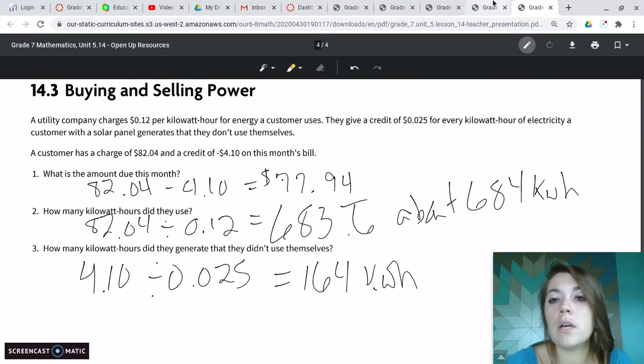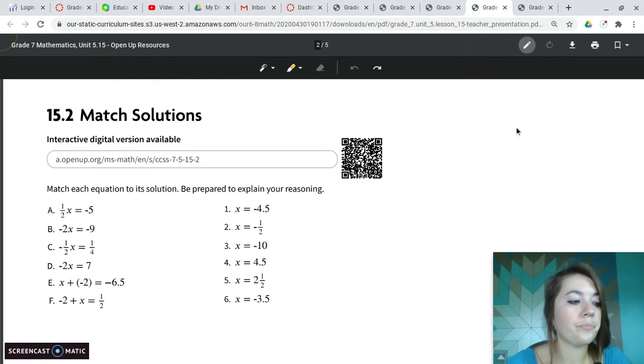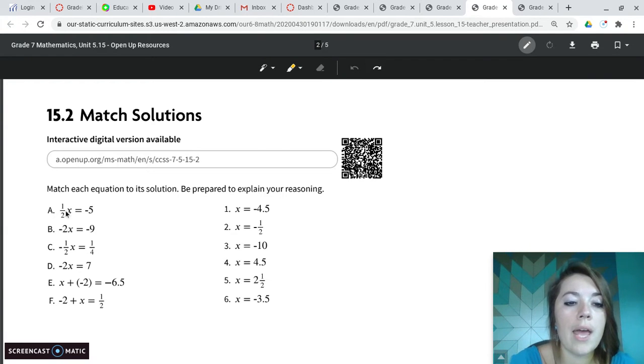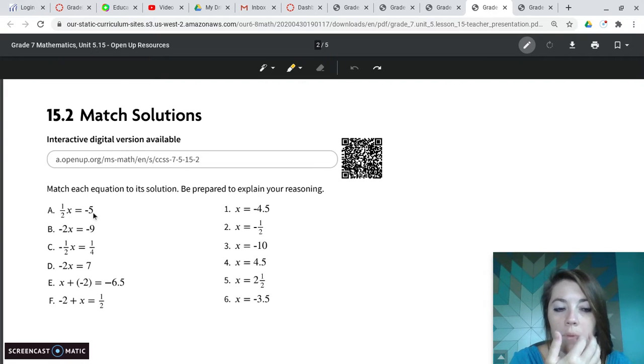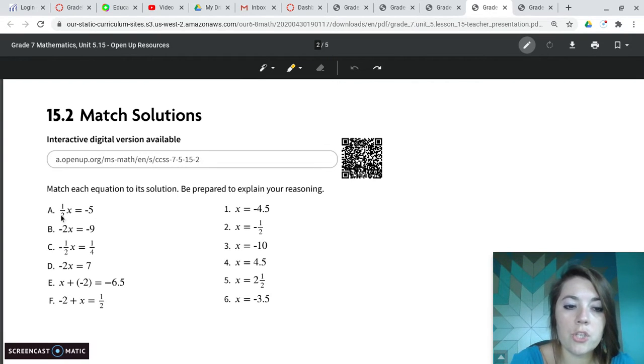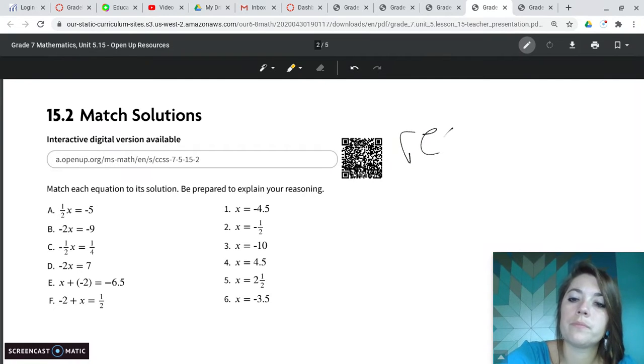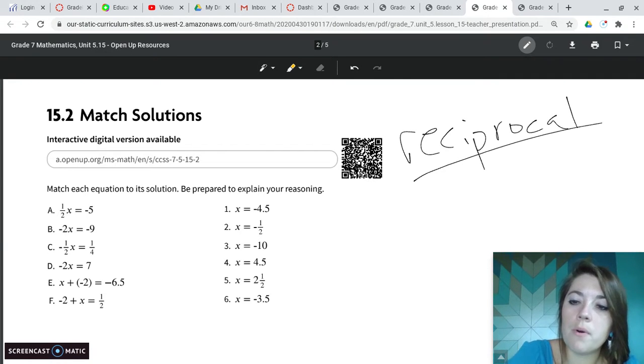All right, so we're going to look at lesson 15 now. First thing we want to do is match each equation to its solution and explain our reasoning. For A, we have 1/2 x equals -5. What would we have to do to solve for this x value? We'd need to multiply by the reciprocal. Reciprocal is your keyword for this lesson.